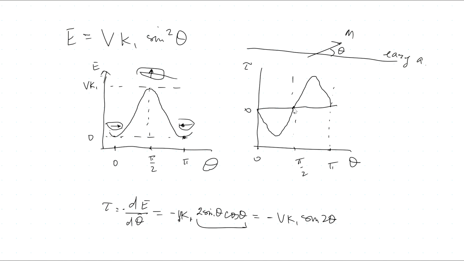So if you're here, this is very unstable. The torque is 0 if you're at exactly 90 degrees to the axis, like this case. But if you have any thermal fluctuations, then if you tilt to the right, you'll have positive torque, and it will flip you to your pi state. And if you're here, you'll have negative torque that will flip you away to theta equal 0.